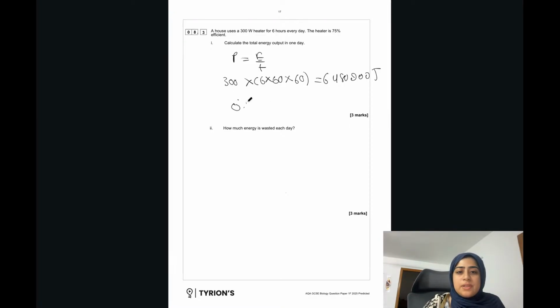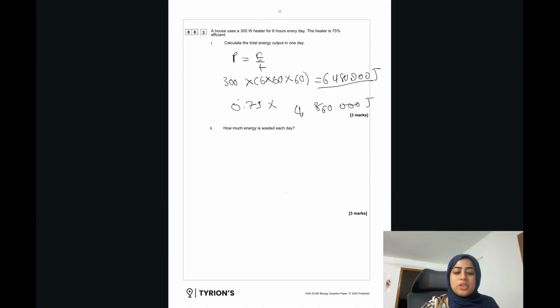So we could just do 0.75 times the total. Sorry, the useful. Yeah. So 0.75 times 6,480,000 joules. That's 4,860,000 joules. That's 3 marks.